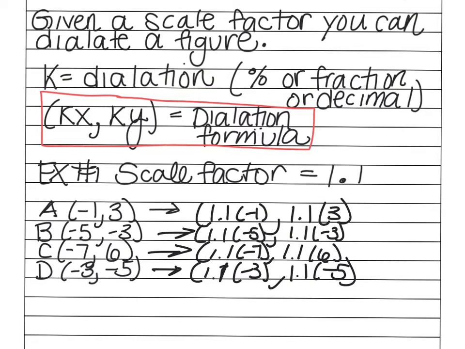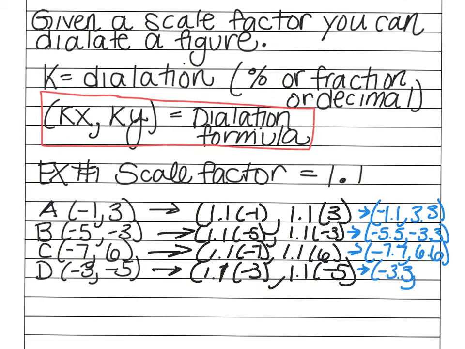When you multiply, you're going to get some new points: -1.1, comma, 3.3; -5.5, comma, -3.3; -7.7, comma, 6.6; and last, -3.3, comma, 5.5.